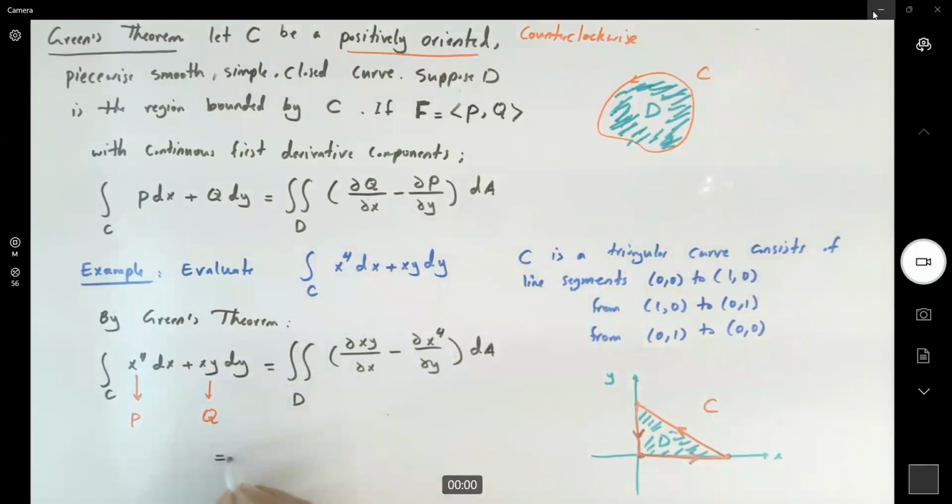Very good. So this double integral becomes the double integral of: partial derivative with respect to x gives you y, partial derivative with respect to y is just 0, dA.